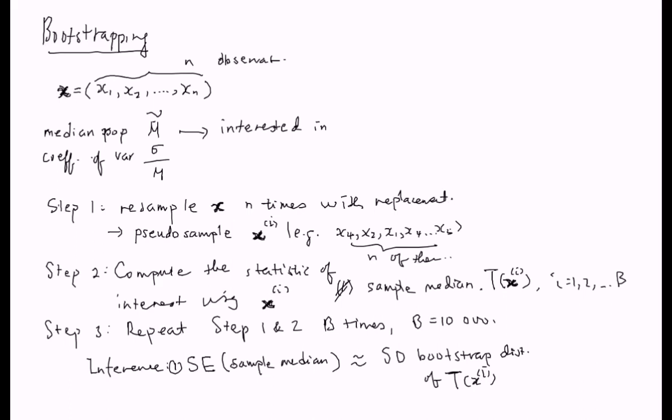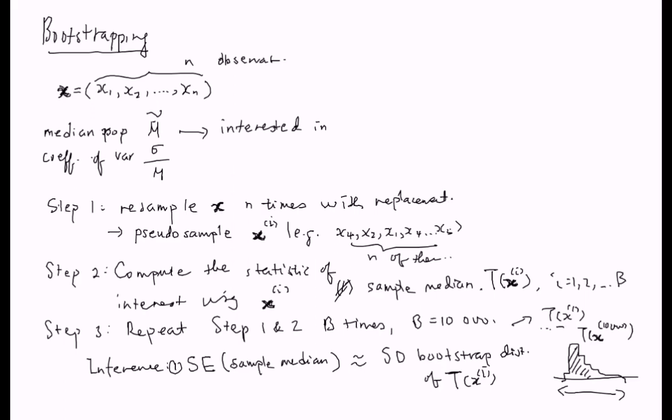So when you repeat steps 1 and 2 up to 10,000 times, you will get 10,000 values, with different pseudo samples. And this will form some kind of distribution, and the standard deviation of this distribution is equal to the standard error of the statistic that you want to find out.